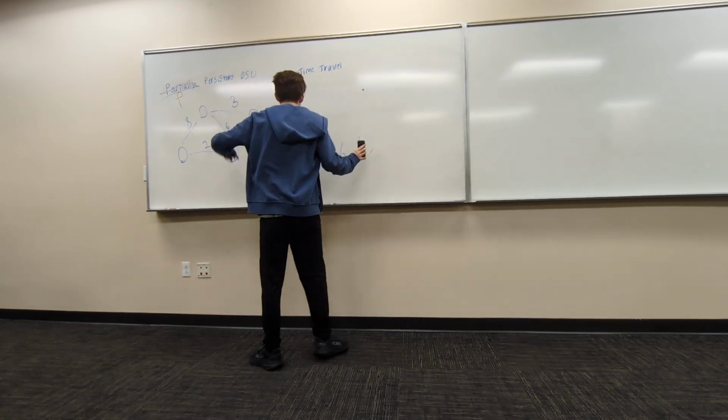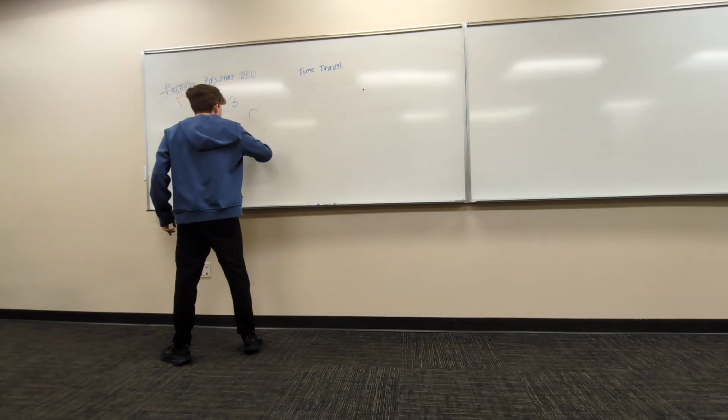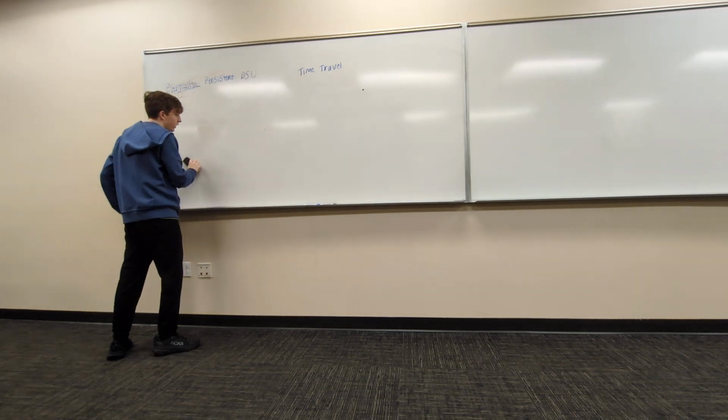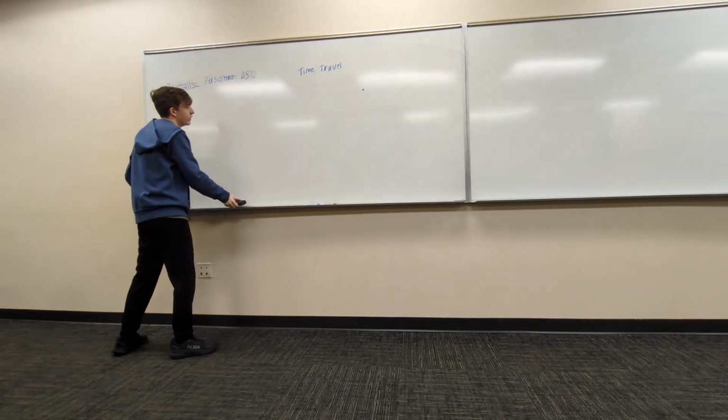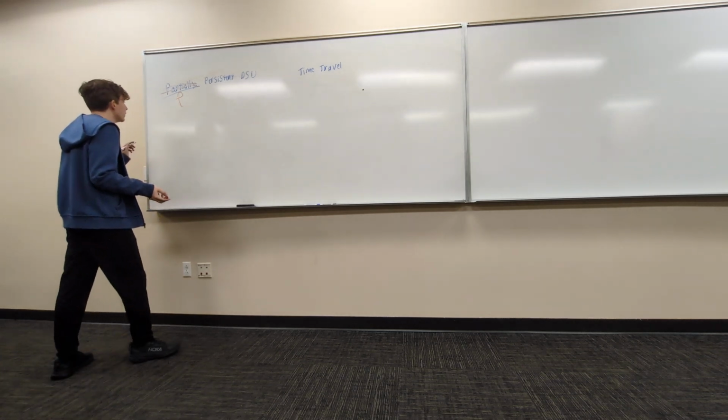Now, notice I said partially persistent DSU. That's because technically there is a fully persistent DSU. If you are familiar with persistence, persistent segment trees are the most common form.